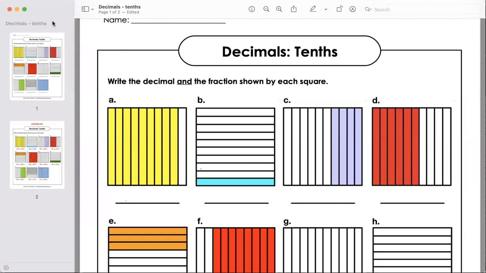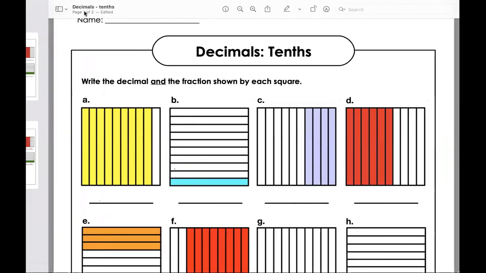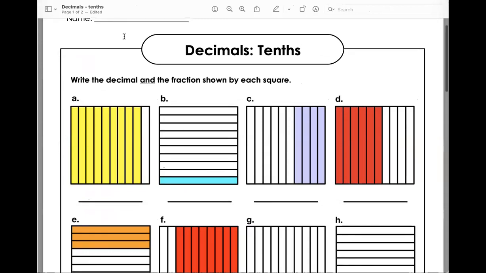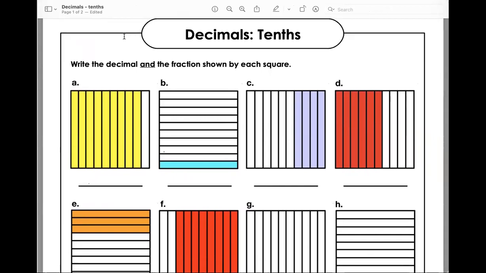And here we go. So again, we're starting with one individual concept. Right now we're looking at a worksheet titled Decimals, Tenths. So we need to know something about decimals, tenths and fractions. We need to recognize what these pictures are, these boxes that are sliced into parts.